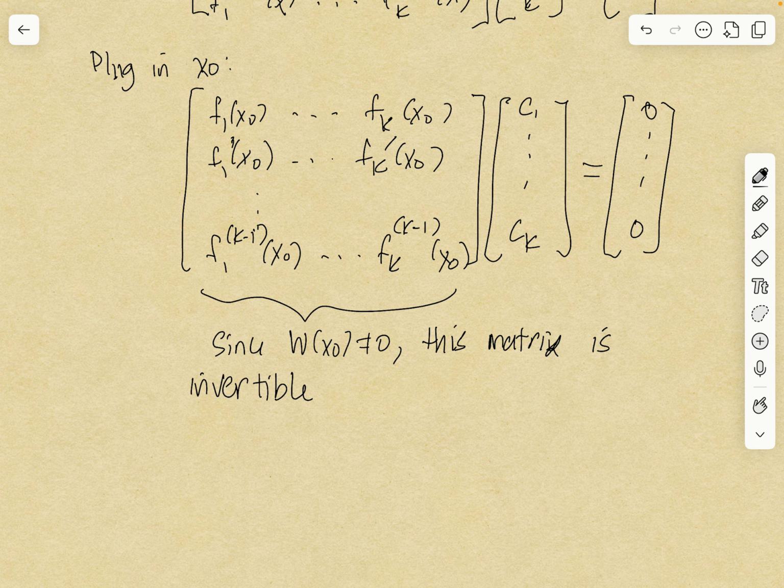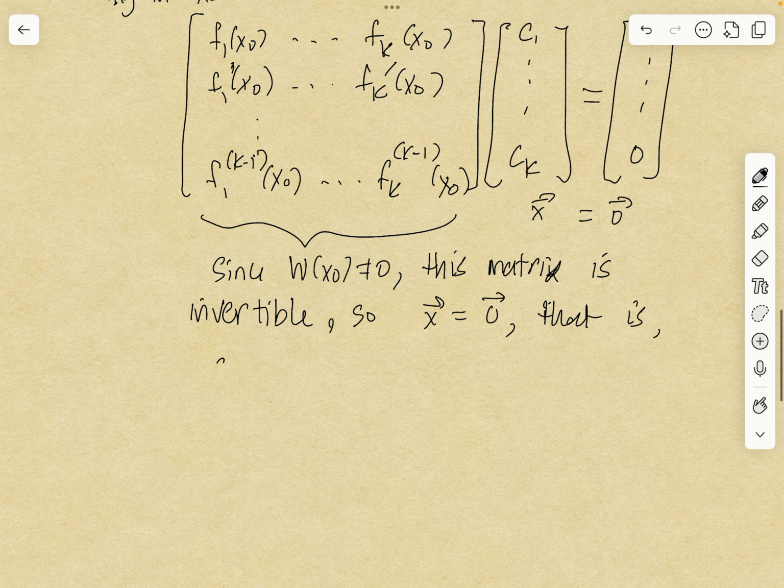When you have an invertible matrix times a vector equal to the 0 vector, what does that tell you? That the vector is the 0 vector. That is, C1 up to Ck are all 0. And that's the proof.